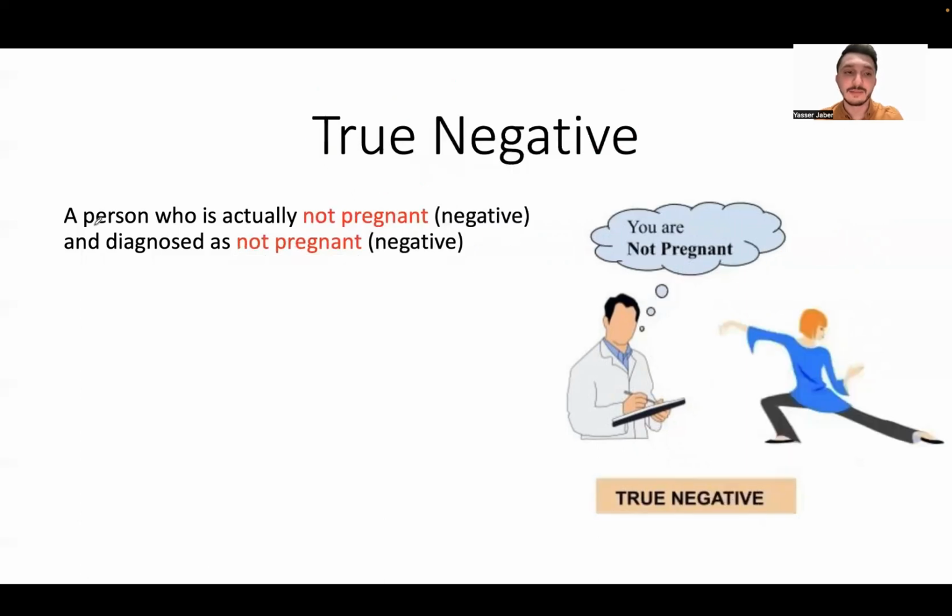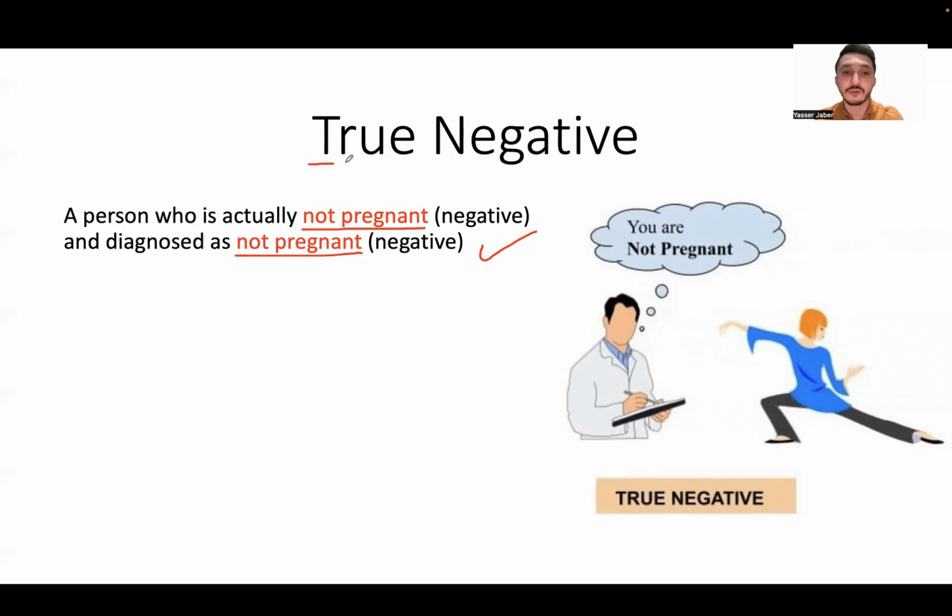Next, the next term is the true negative, which is when a person who is actually not pregnant or negative and diagnosed by the doctor as also not pregnant, which is also matching, the real value is matching our prediction. So this is good. This is what we want in our machine learning classifiers.